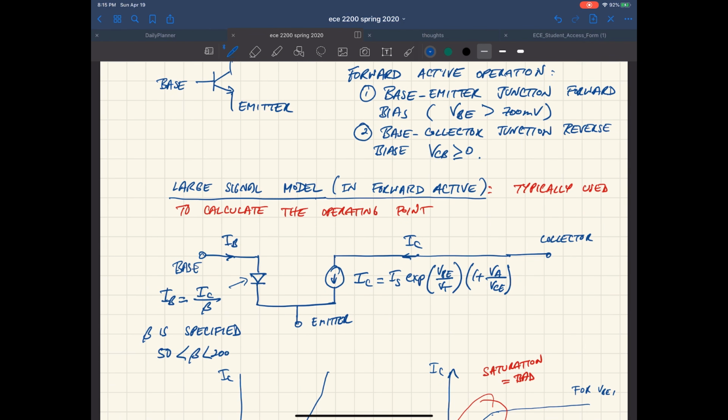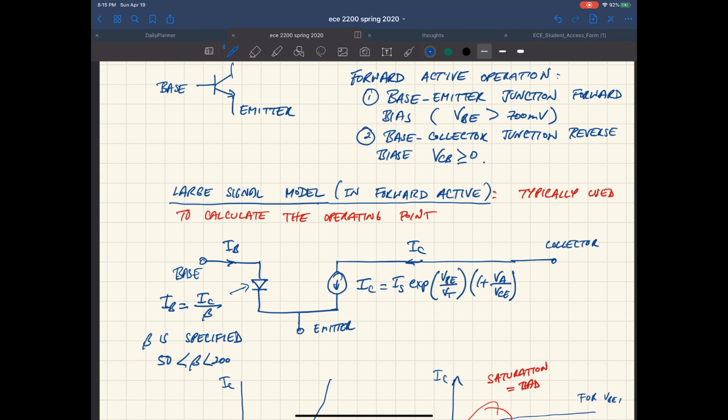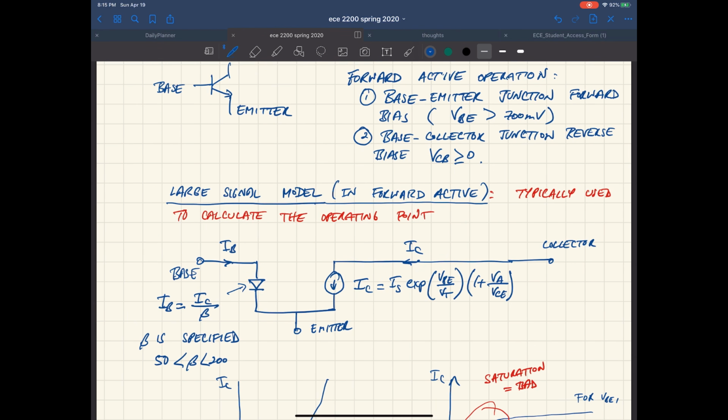And so what we typically do is use this just to calculate the operating point. Here's the circuit model for a large signal. It should be okay at any signal level, but we just use it to get the operating points, the bias points.